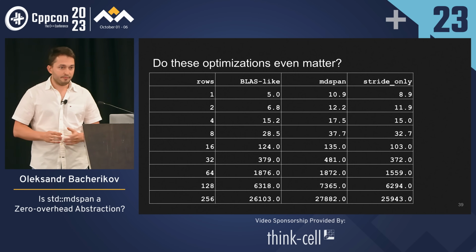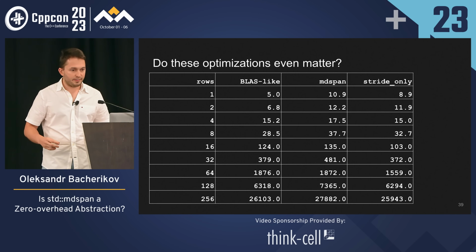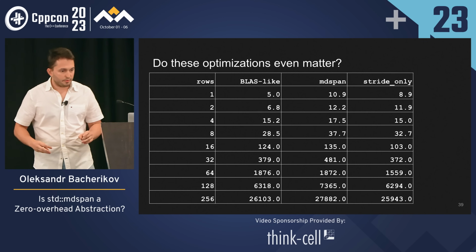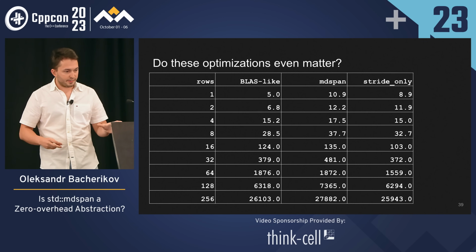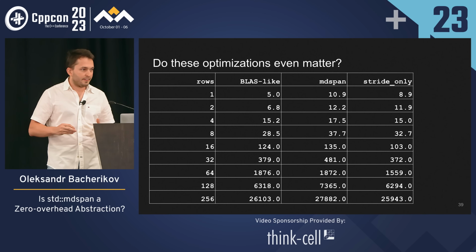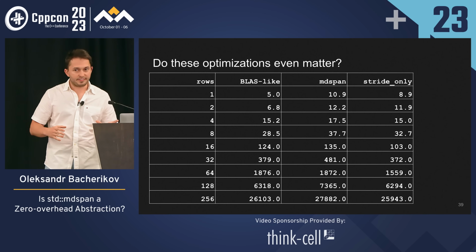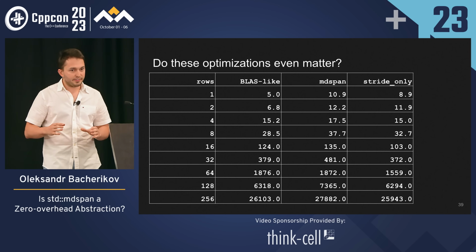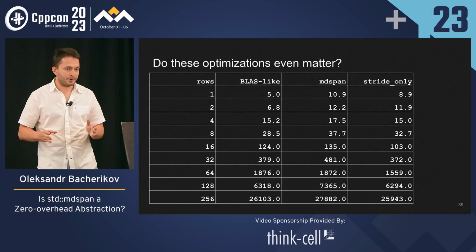So again, I made a simple benchmark with the same sizes. And for larger sizes, I would expect numbers to be roughly the same, because having an extra instruction shouldn't be too bad compared to the actual arithmetic performed in this case.